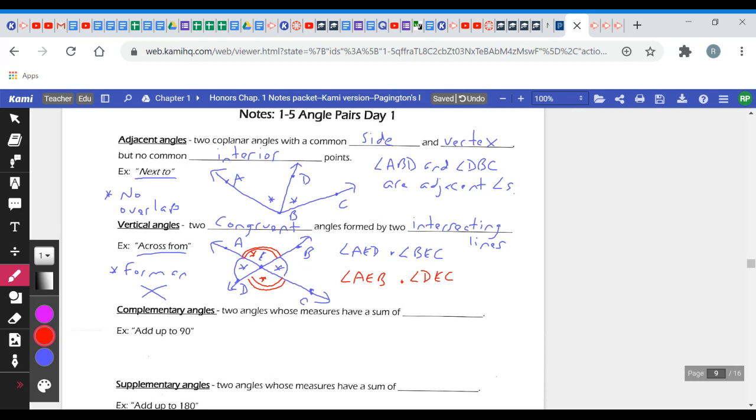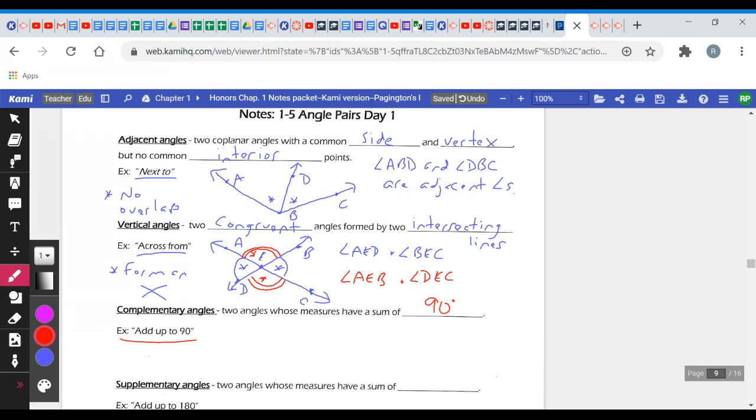Okay. Next type of angle is complementary angles. That is two angles whose measures have a sum of 90 degrees. You can see here I already have that add up to 90, but there's different ways that can happen. Those two angles could be adjacent to each other, but they don't have to be.